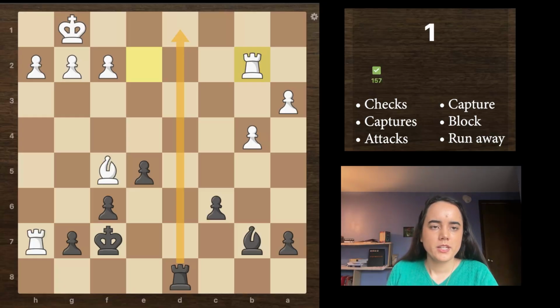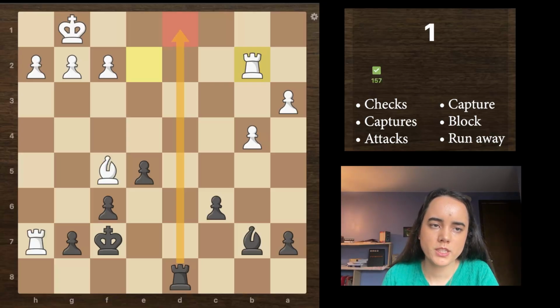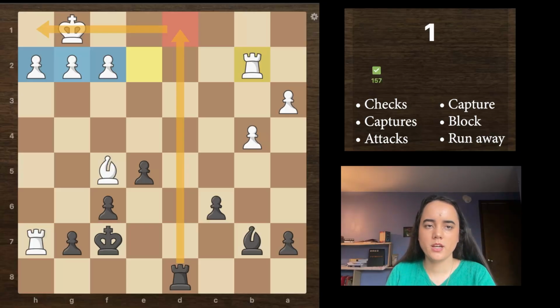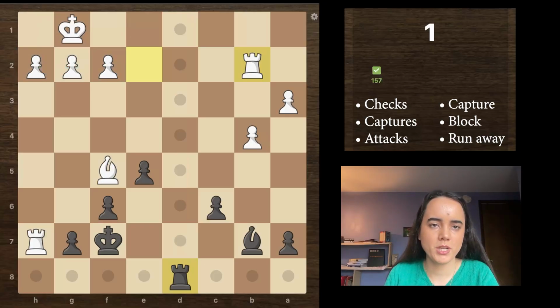And so, can he run away? Well, if our rook was here, our rook is covering all these squares. His pawns are covering all these squares, and then he can't move onto the edge. So there's no place he can run away. And so this move is going to be a checkmate, which means that it will be the answer to the puzzle.